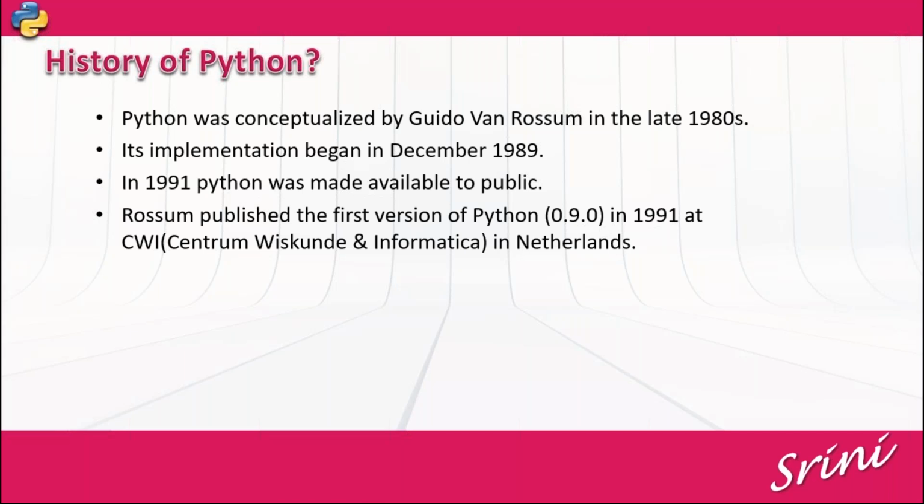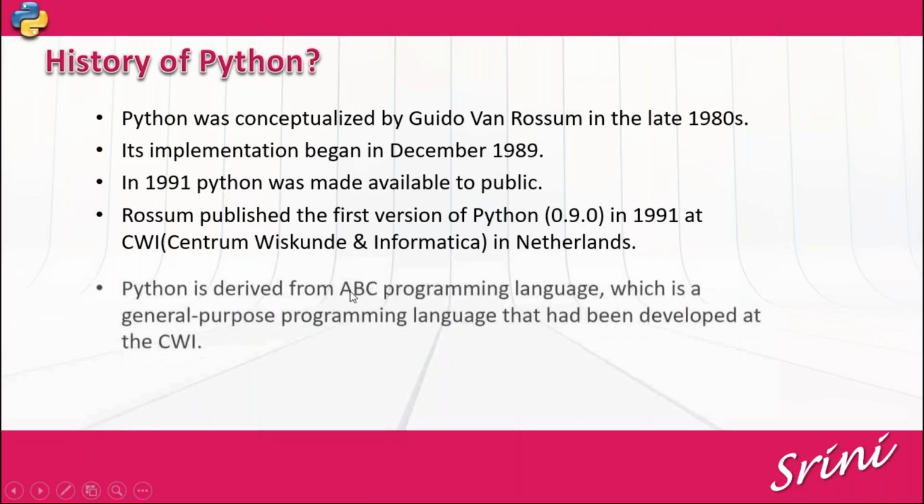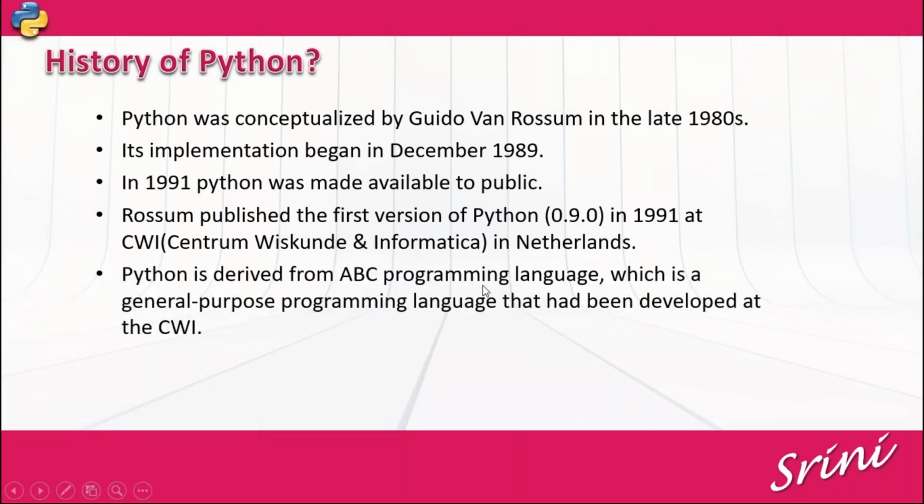Before Python, Rossum developed another language called the ABC programming language as a general purpose programming language. After the success of ABC, Rossum started developing the language Python at CWI Netherlands, released in 1991.